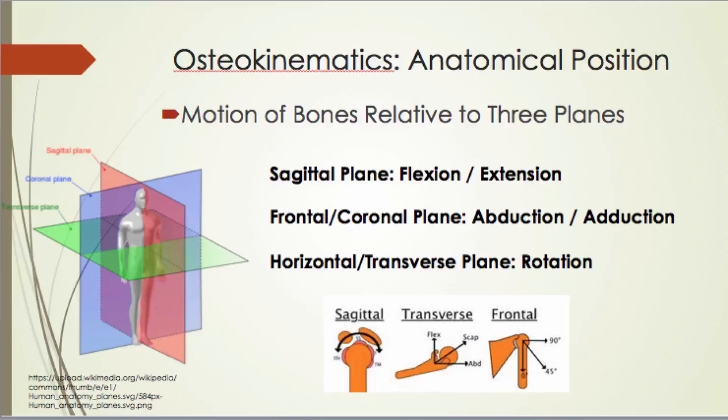One of the most important things to understand is osteokinematics are defined by the anatomical position, which is patient standing with the shoulders in external rotation, elbows in full extension, forearms in full supination, wrist in neutral, and fingers fully extended. So what plane does wrist flexion and extension take place in?